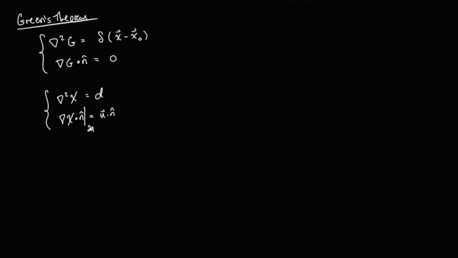So what we can do is multiply the interior equation by G, integrate over space, and we'll apply integration by parts once on that first term.